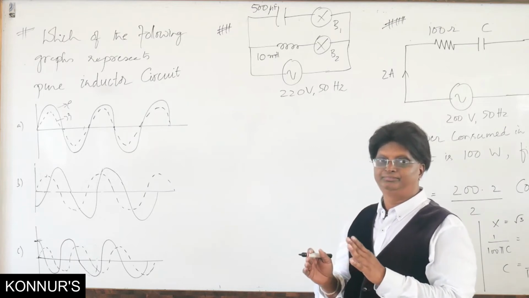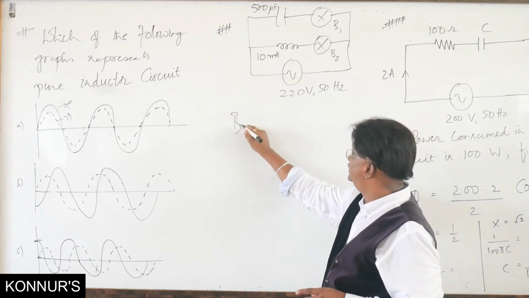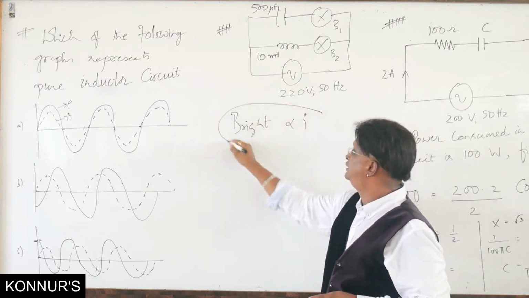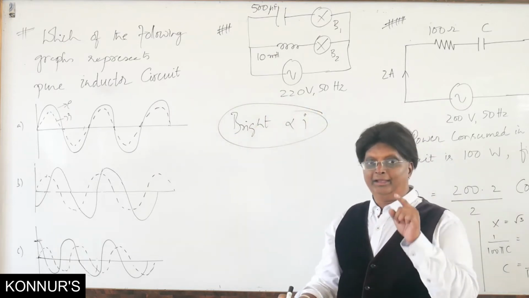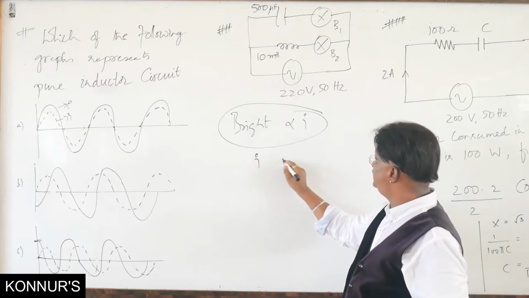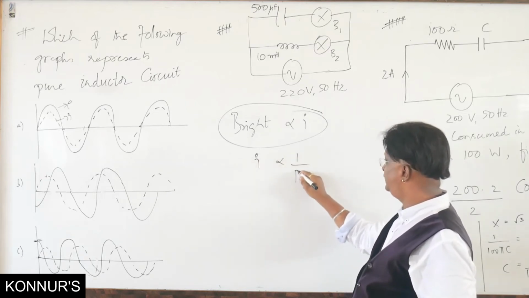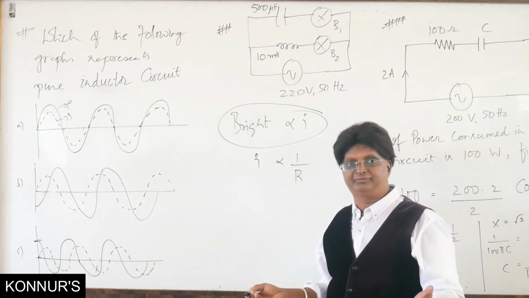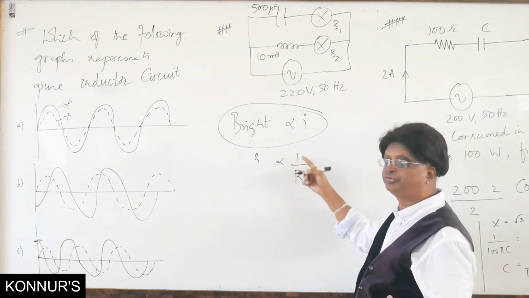Therefore, I am writing here that the brightness of the bulb I am comparing with the current I, and I know that this current is proportional to 1 by R, resistance, parallel division of current.